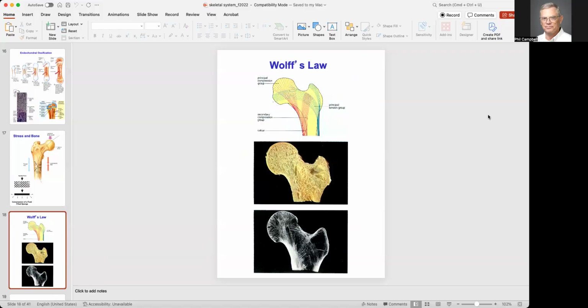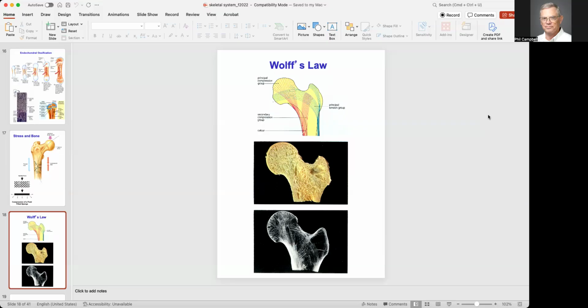Now, I want to introduce the concept of Wolff's Law. Wolff was an individual who lived in the mid-19th century, and he made some observations. He initiated his work with cow bones, and he used to cut cow bones, split them longitudinally, and look at them, because this was before x-rays.